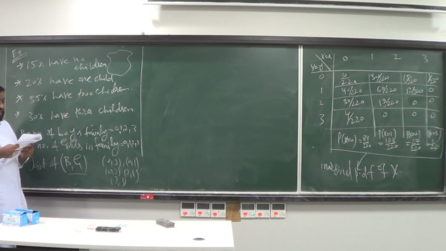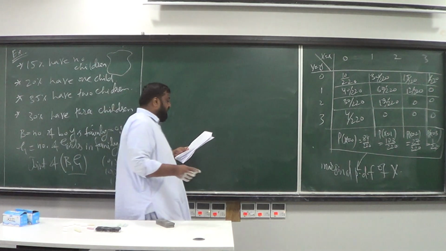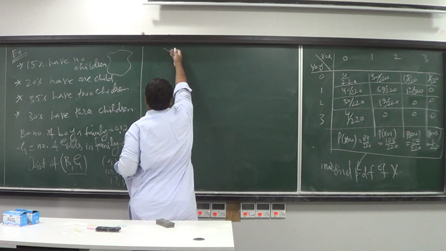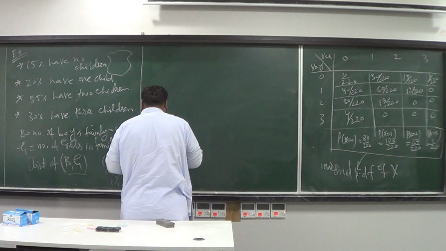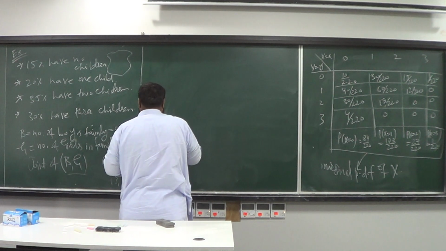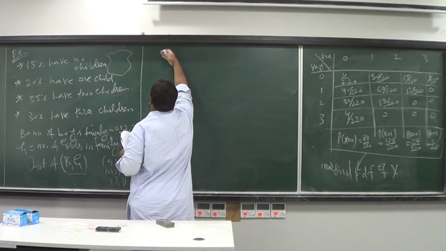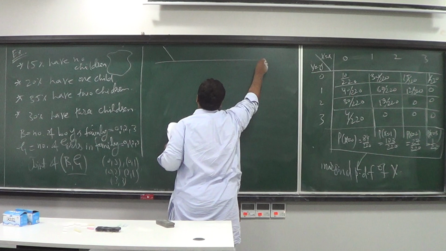So what I would like to do is to write a joint PDF for boys and girls. So let's make a matrix or maybe a table.